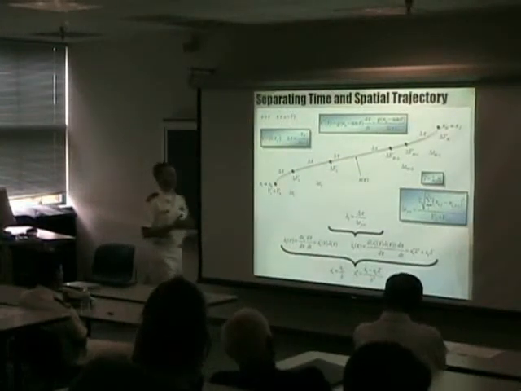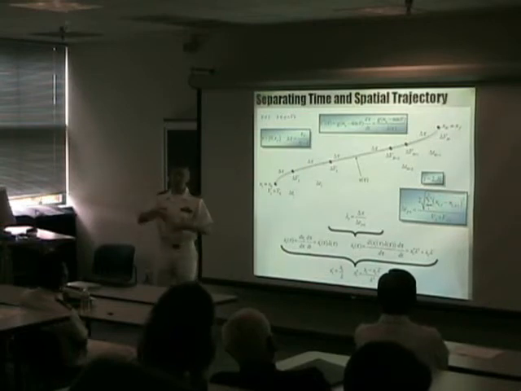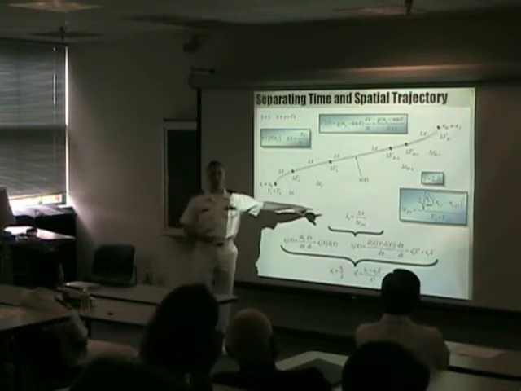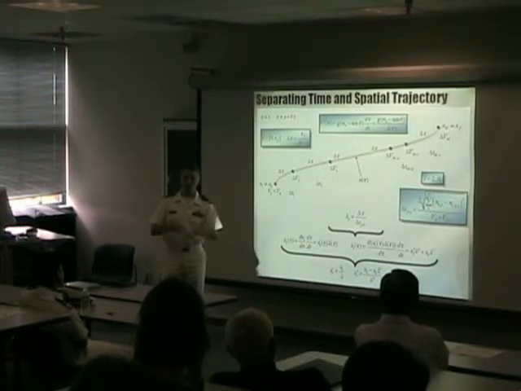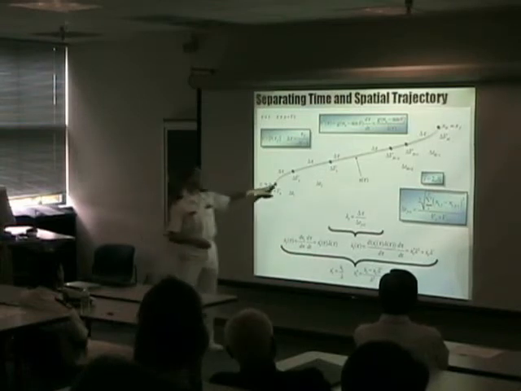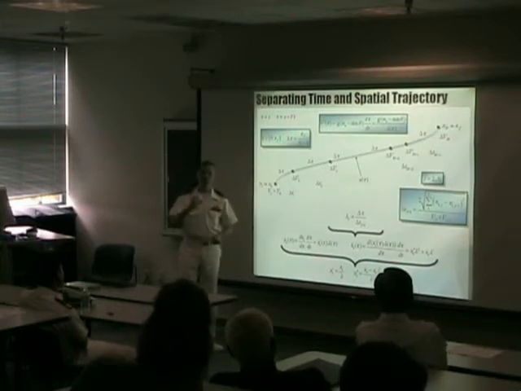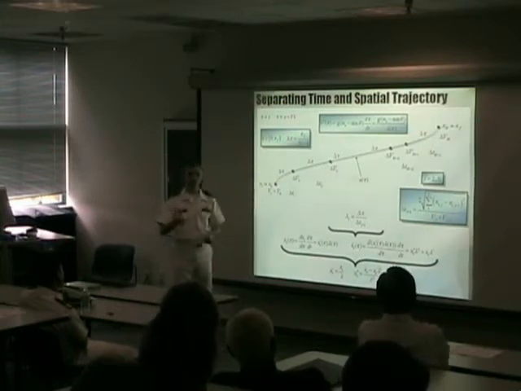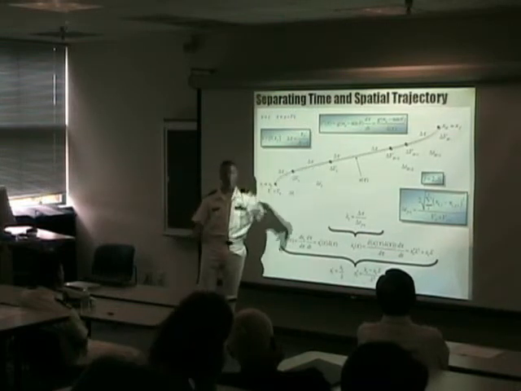Now, once we have spatially optimized this system, we need to bring it back into the time domain, and we do that through a function of lambda, which is the change in the virtual arc, delta tau, over the change in time that has occurred at that point. And basically, at every point, even though tau is a virtual arc, it is the same amount of tau as it goes across.